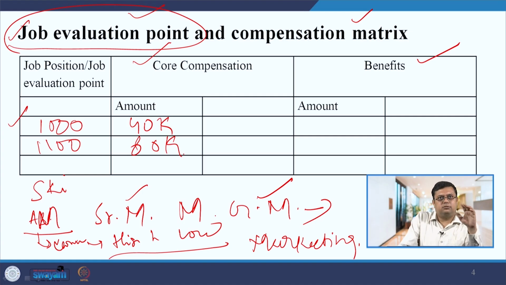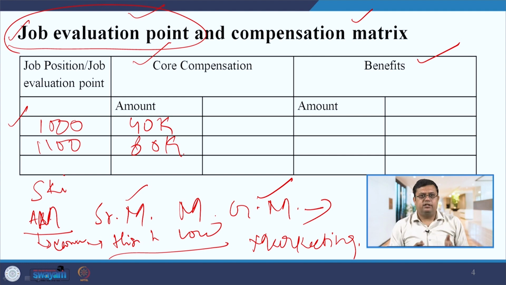So, through this analysis, there is no big difference between the job worth of senior manager and manager as per your job evaluation, but there is a huge difference in terms of their salary, right. So, this may create dissatisfaction within the organization.